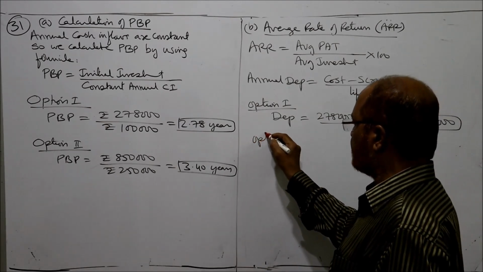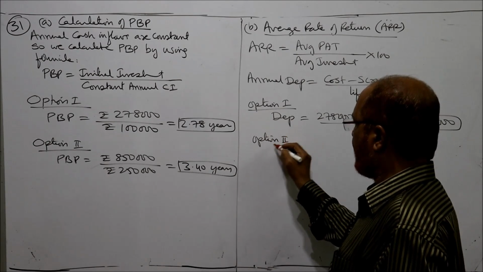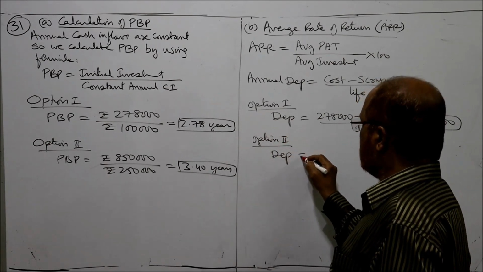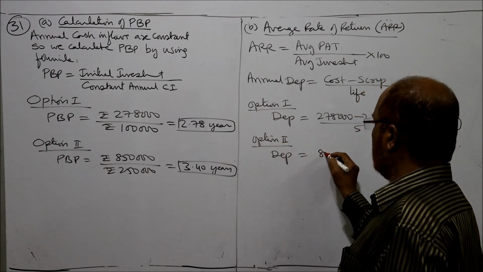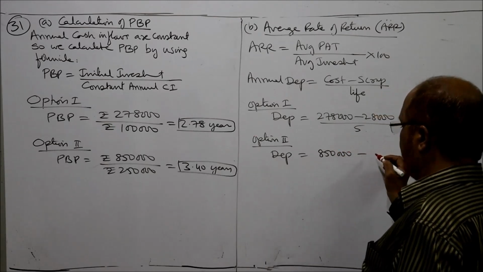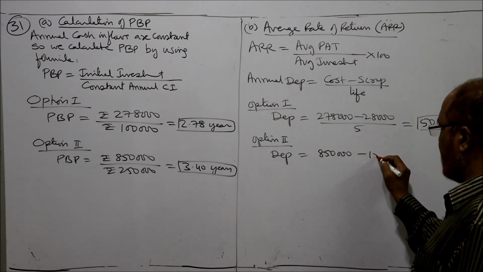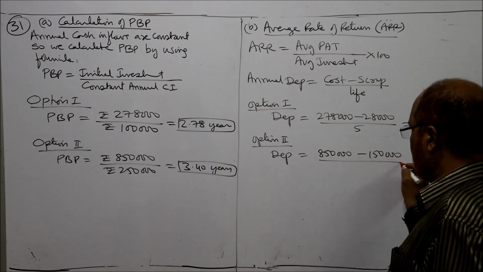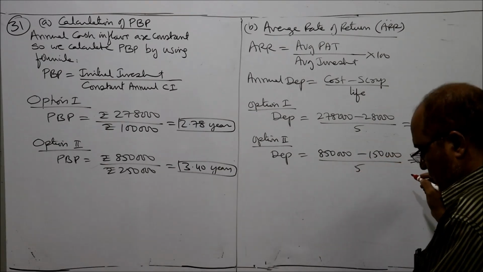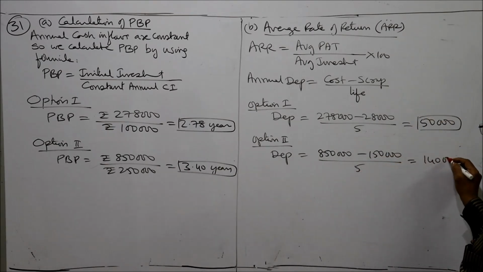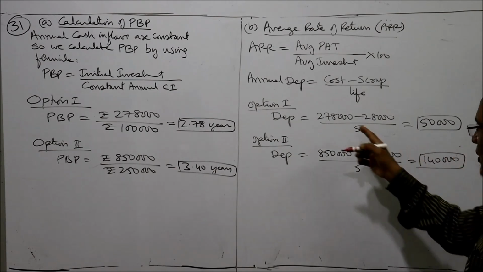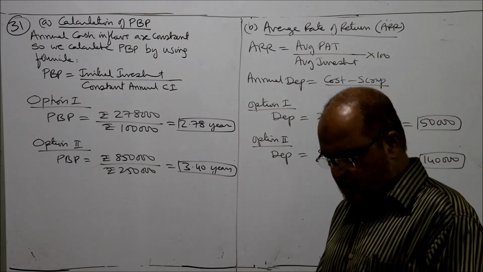Secondly, option 2: depreciation is equal to the cost of the machine 8,50,000 minus scrap value 1,50,000 divided by 5, which is equal to 1,40,000. These are the depreciation amounts for option 1 and option 2.